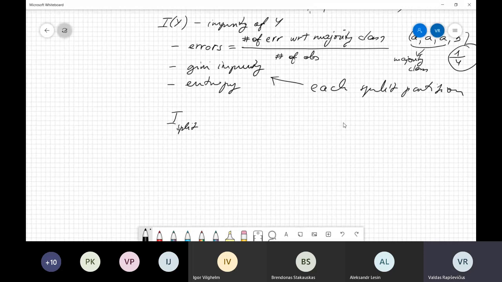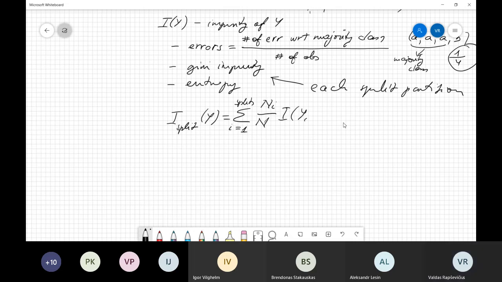Impurity of split Y equals the sum of all splits, where we have the number of items in the split divided by the overall items in this partition, times the impurity of Yi.